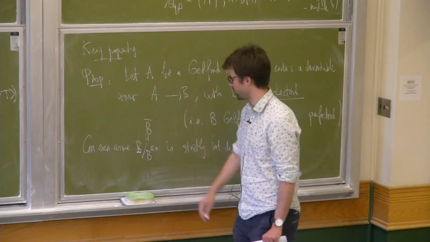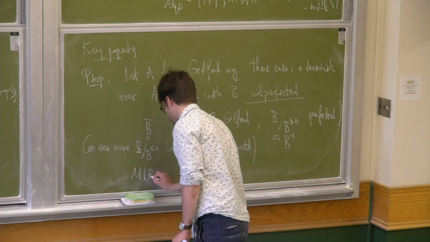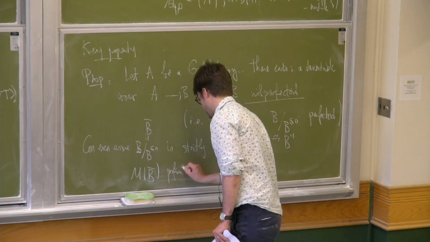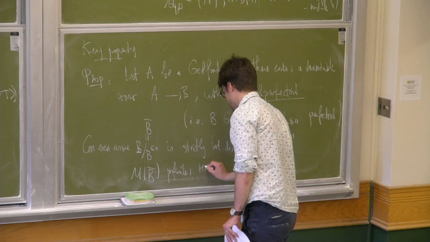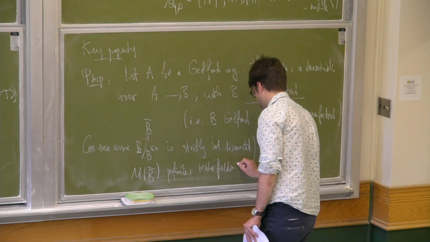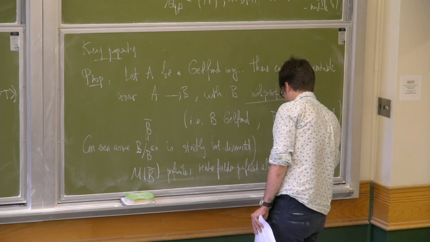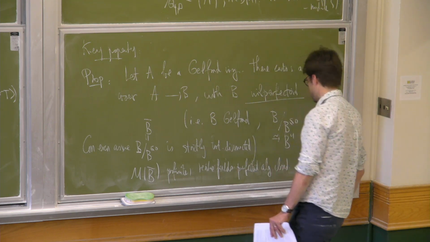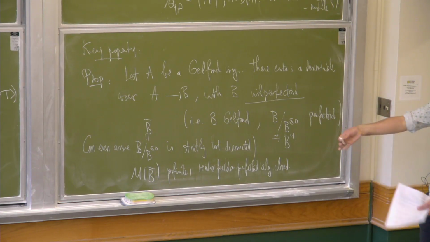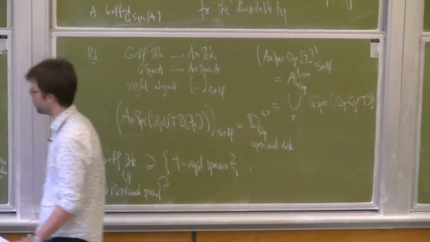That's what I will call the dagger reduction and denote by B bar. So it means that the Berkovich spectrum of B bar is profinite, and residue fields are perfectoid algebraically closed. So it's just a bunch of Berkovich spectra of perfectoid algebraically closed fields.